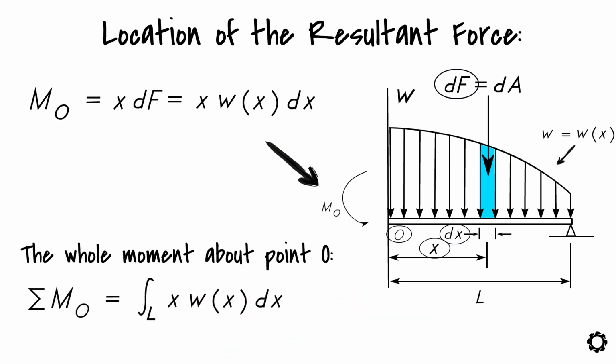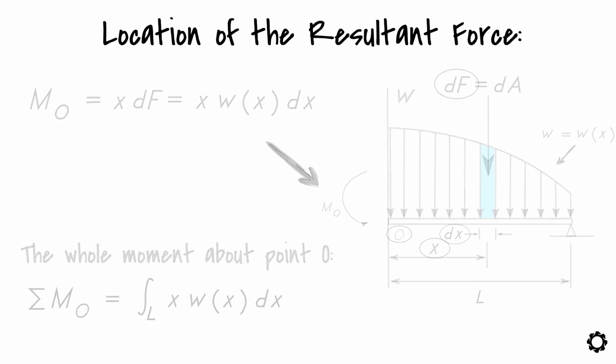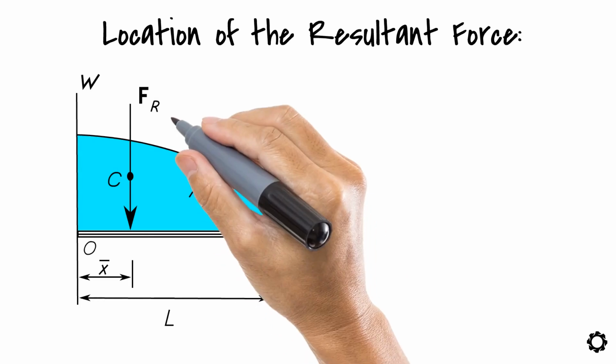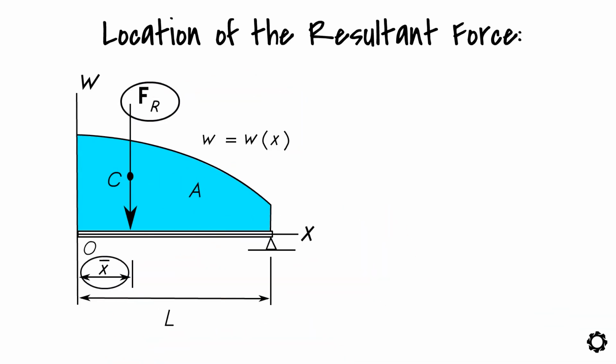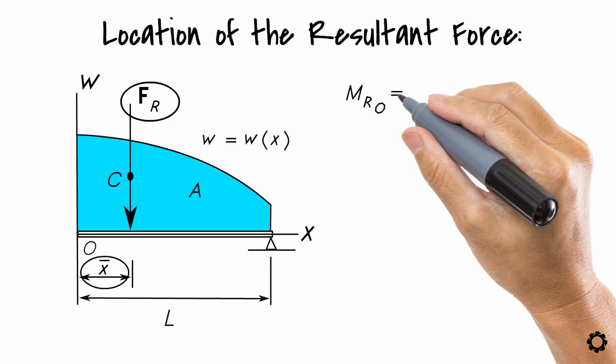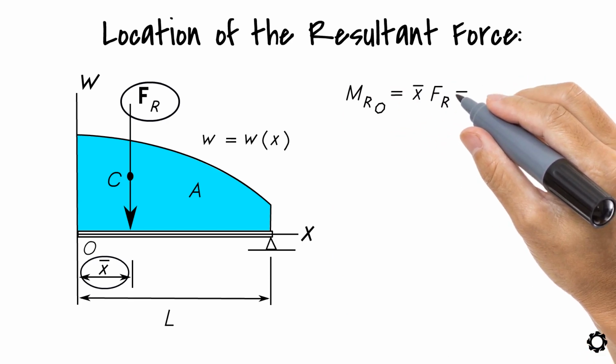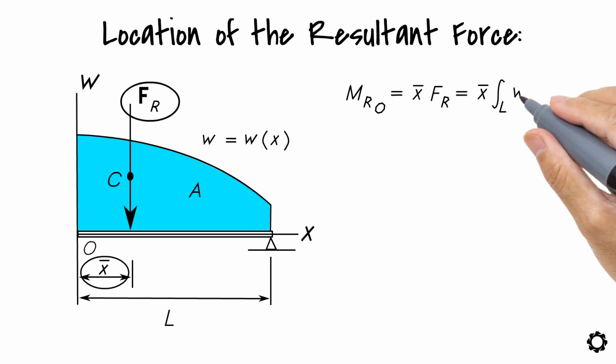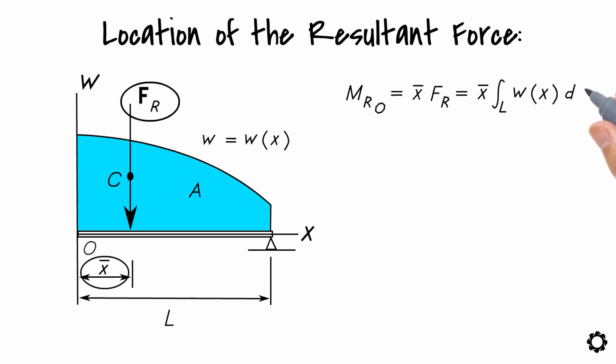On the other hand, the resultant moment, which is equal to the total moment about point O, can be determined by using the resultant force F_R and the location x bar, which is the distance between point O and the resultant force. This leads to the following resultant moment equation. M_RO equals x bar times F_R equals x bar times integral over L of w(x) times dx.